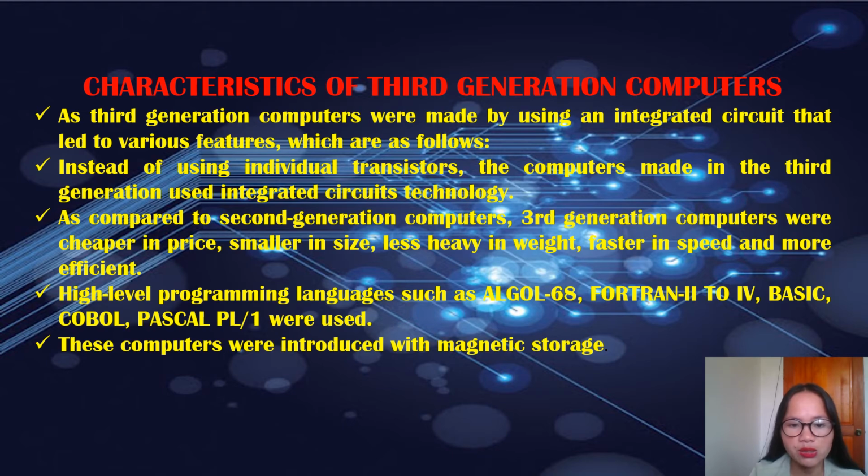Next, as compared to second generation computers, third generation computers were cheaper in price, smaller in size, less heavy in weight, faster in speed, and more efficient. High-level programming languages such as ALGOL 68, Fortran II to IV, BASIC, COBOL, Pascal, and PL/I were used. These computers were introduced with the magnetic storage.